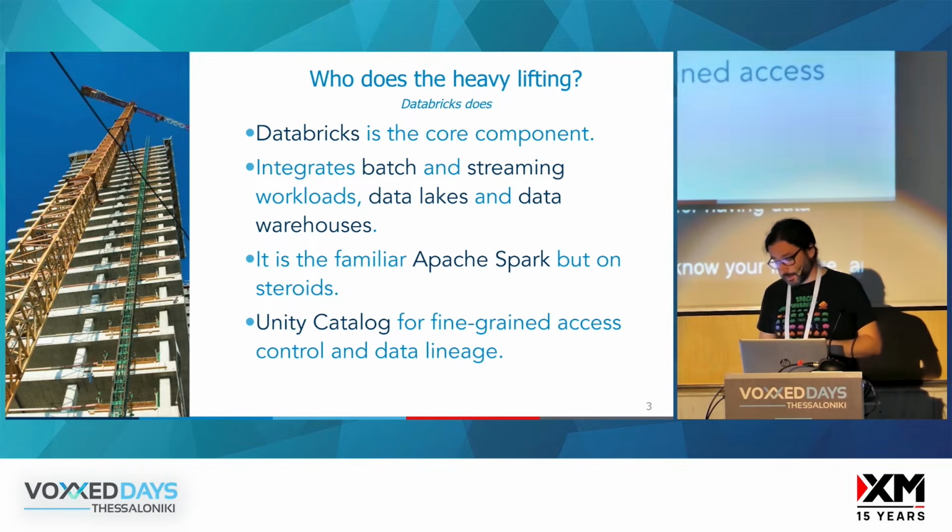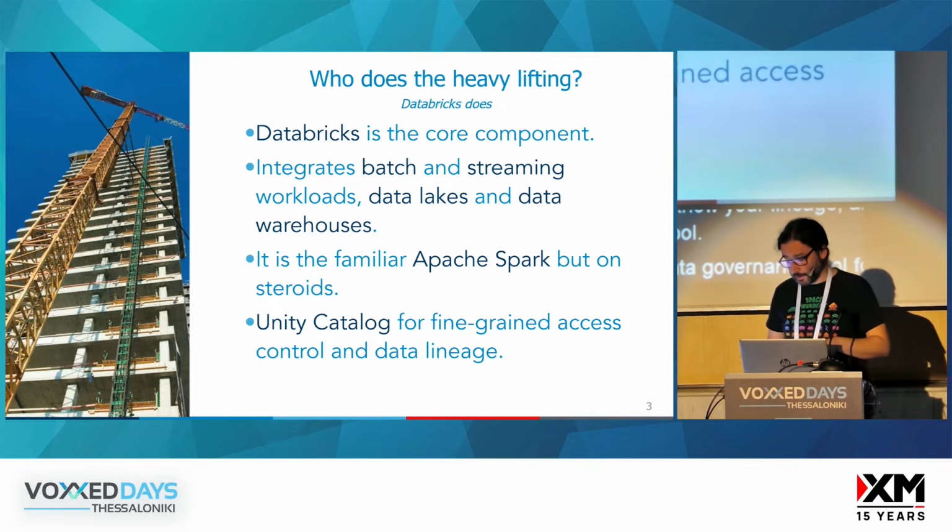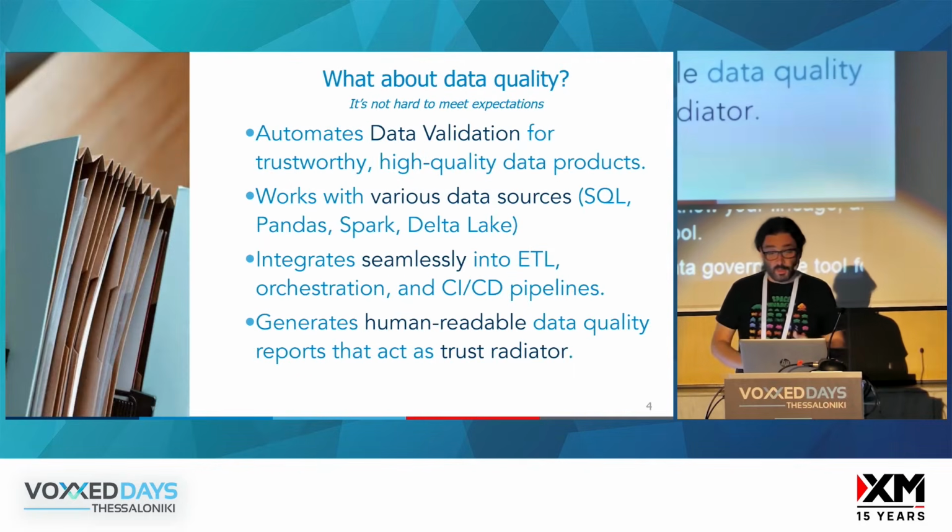So this can also play the role of a stand-in for a data governance tool when it's needed, at least for the developers and the people that need to know who has access and what's the lineage of relevant data.